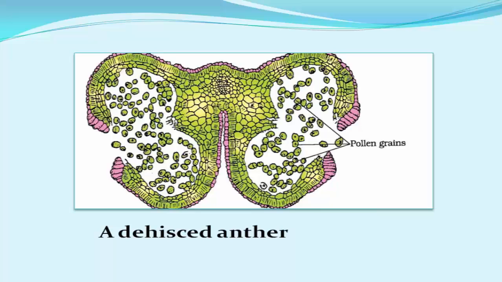Now here you can see the labeling given is pollen grains. Once the anther matures, it dehisces and releases the pollen grains, which are haploid in condition and the products of microsporogenesis.